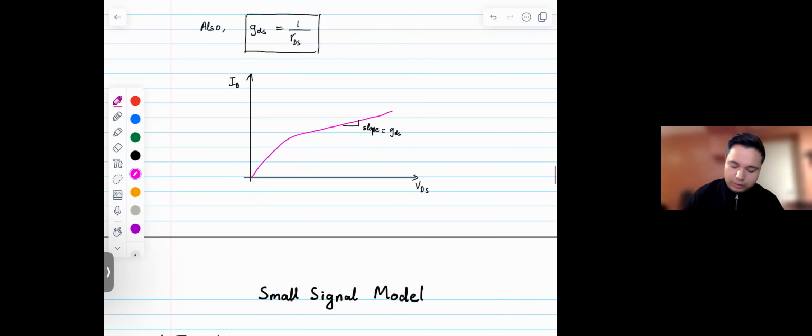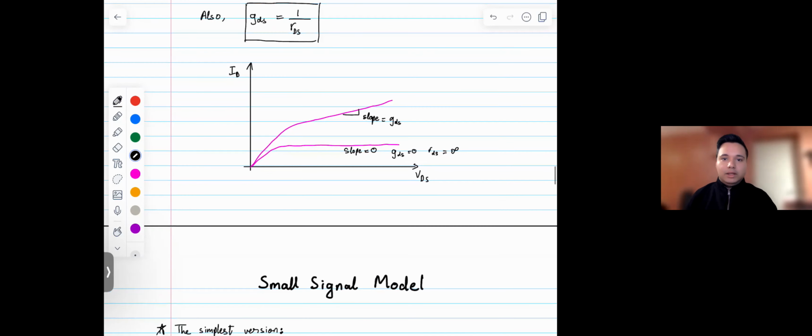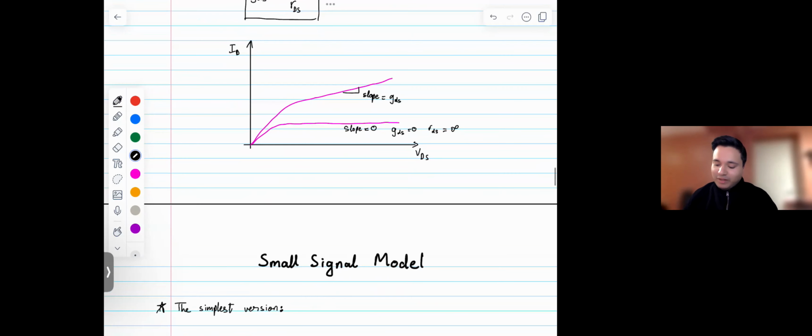And so you can also imagine a case where lambda is 0. Let's say that case is this one for illustration purposes. So here the slope is 0, and so GDS is 0, and RDS is infinite, which is a good thing. We have infinite output resistance.